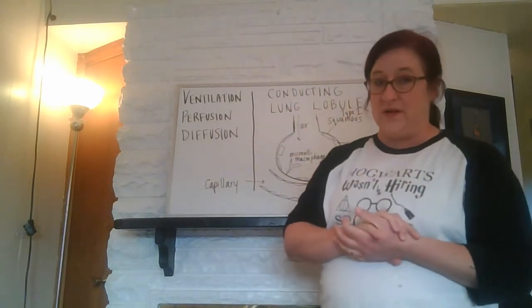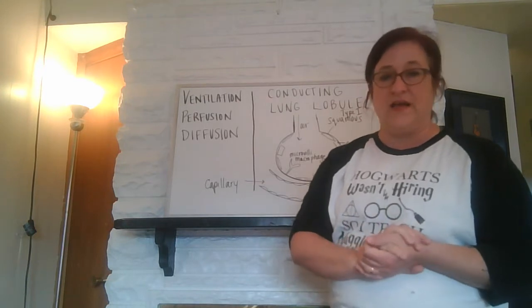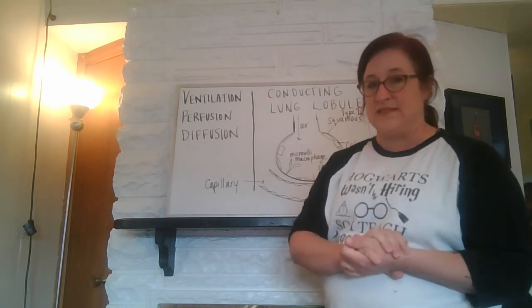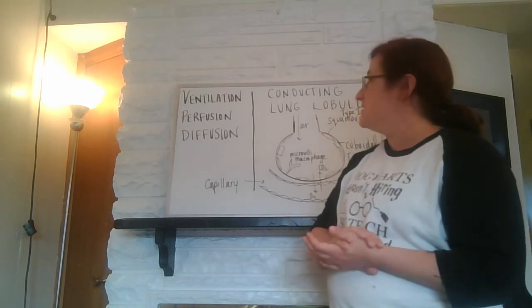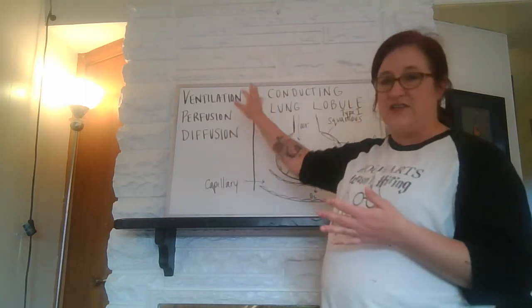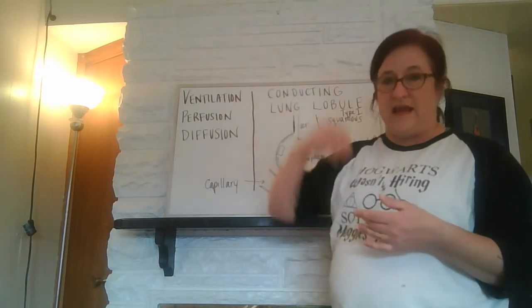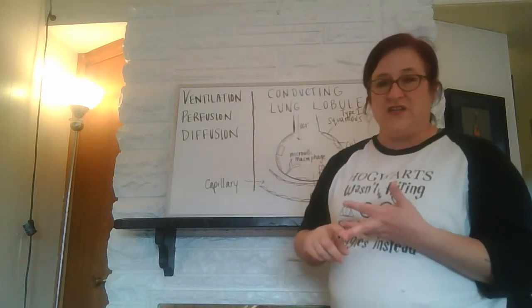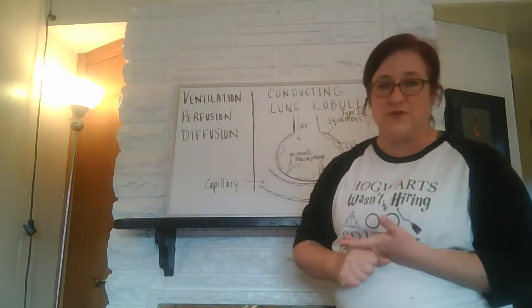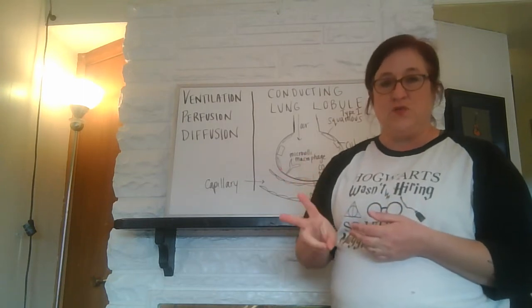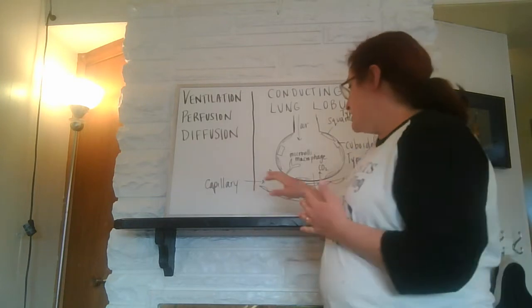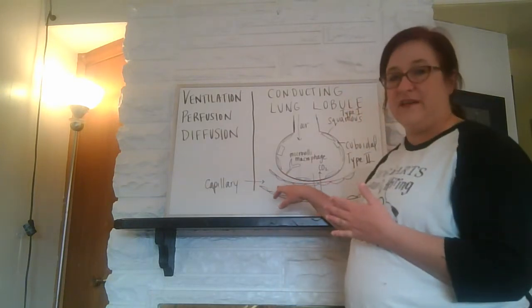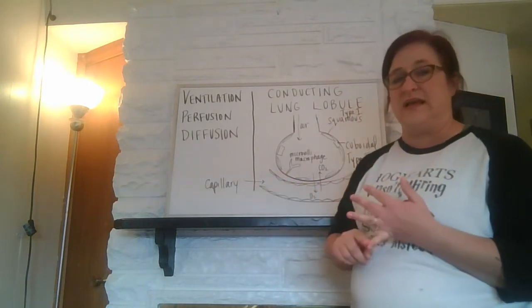Starting with the normal respiratory process and the respiratory system itself, there are three main functions, which include ventilation, which is moving the air in and out, and perfusion, which for the respiratory system, there's really a dual blood supply. The first is what we see at the alveoli where gas exchange takes place.